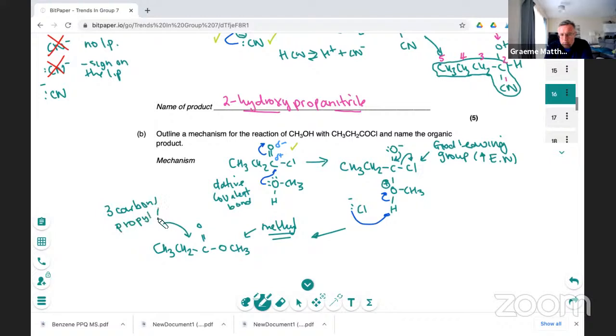You know that from year 12, right? And so this therefore is going to be methyl propanoate.